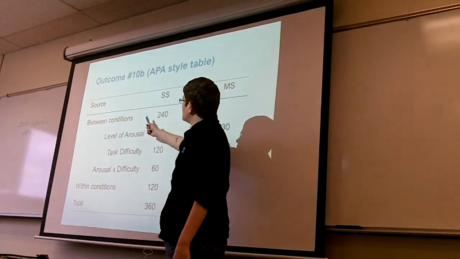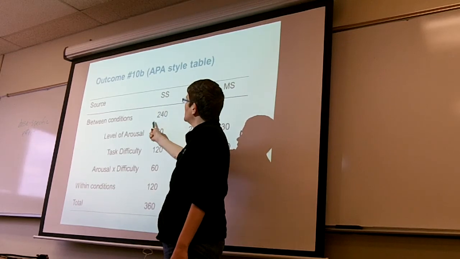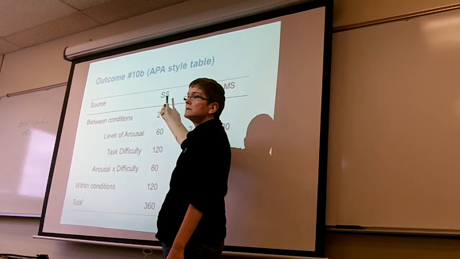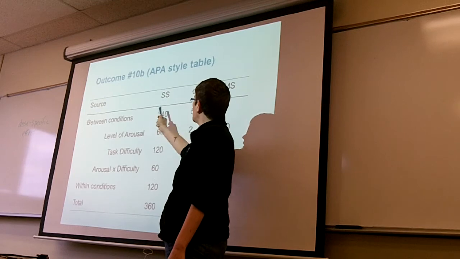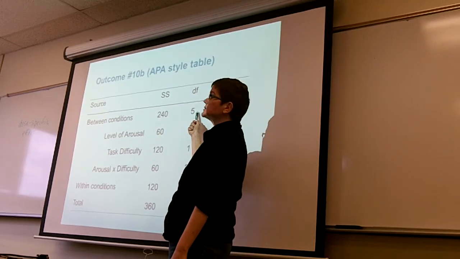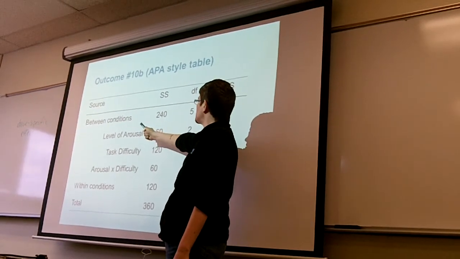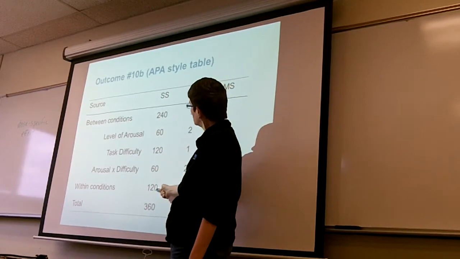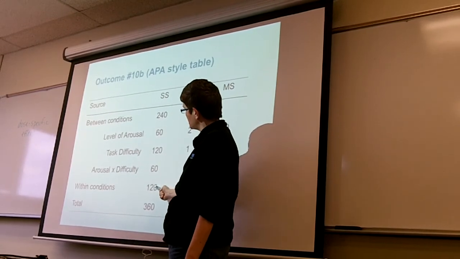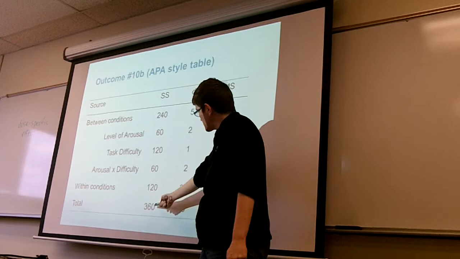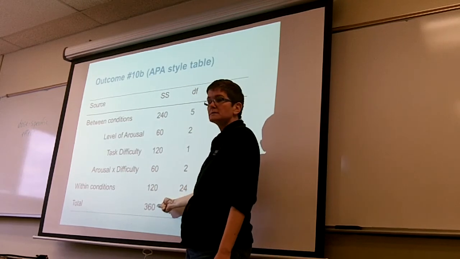So, what's this number right here? The sum of squares between conditions. And what's this? Degrees of freedom between conditions. And what's this? The sum of squares within conditions. And what's this? Sum of squares total.